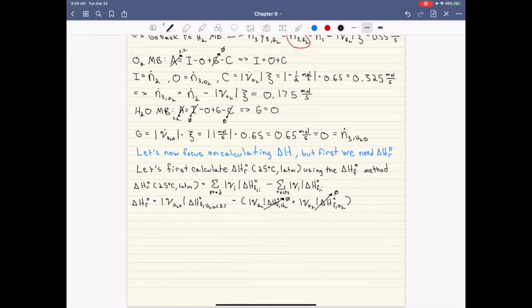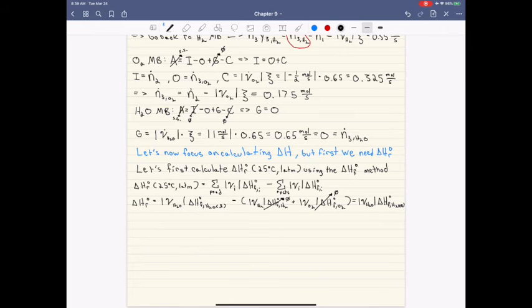Okay? And so what that tells us is that our standard enthalpy of reaction is actually just equal to this, liquid. All right, so that's one little trick you could use to make your calculations easier.